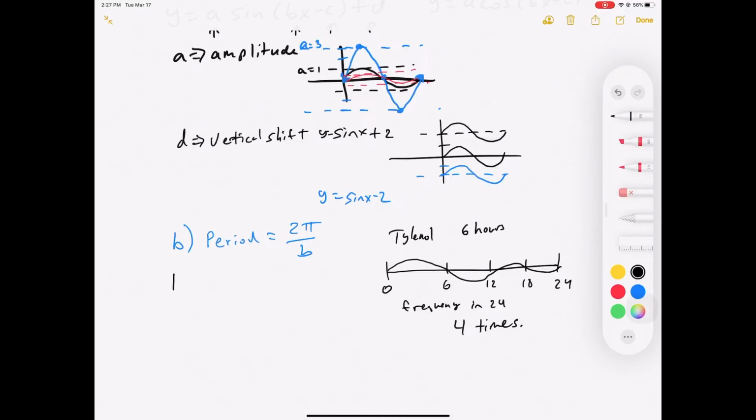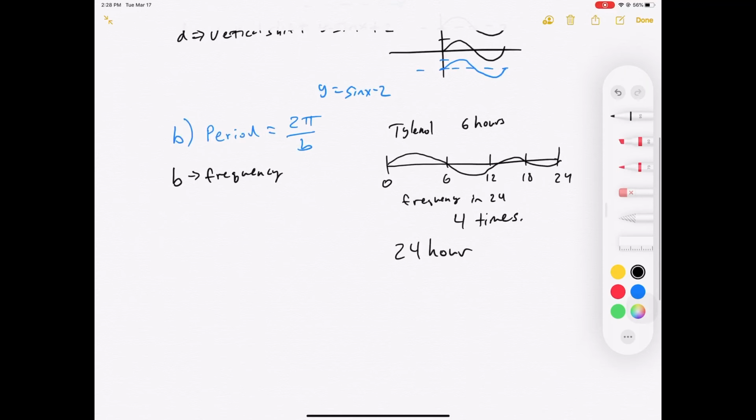And our b value is in fact frequency. So, using this example, if I'm looking at a 24-hour period, and I have to take medicine 4 times, that's the frequency in 24 hours.